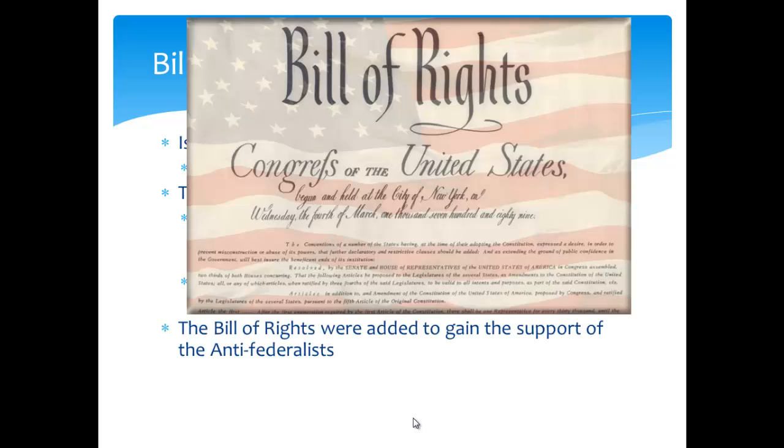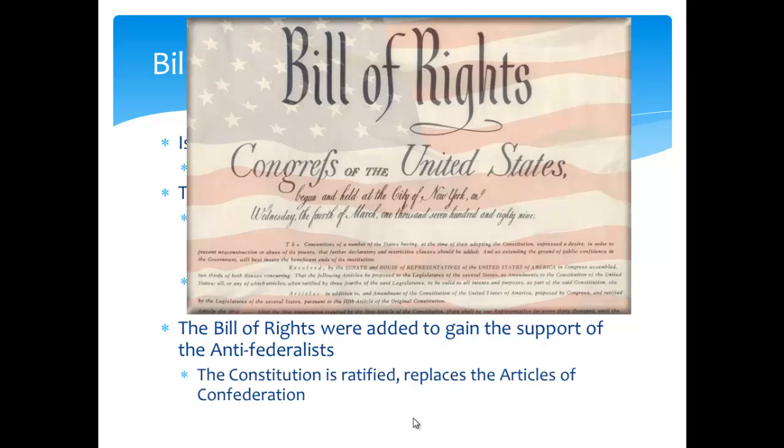So Mr. Norris, really quickly, what is an amendment? When I use that word amendment, what does an amendment mean? Great question. An amendment means that you are changing something, and the Constitution has been changed 27 times in U.S. history. The Bill of Rights were added again to gain more support from the anti-federalists, to go to the anti-federalists and say, hey, we understand your fear, your skepticism of strong central government.